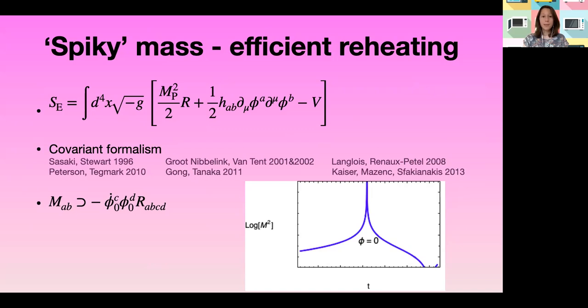And this spiky mass term is generated by the Riemann tensor of the field space metric. And this mass term becomes very large for a very short amount of time, exactly when the inflaton field crosses 0. And typically this leads to very efficient particle production.